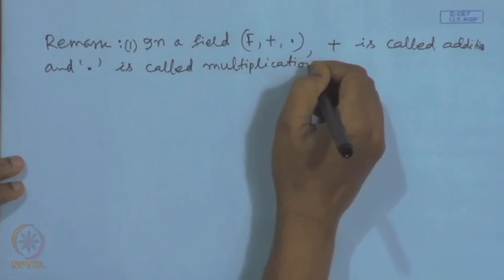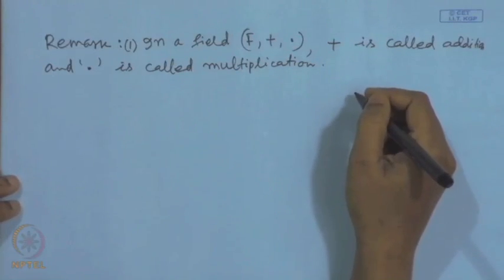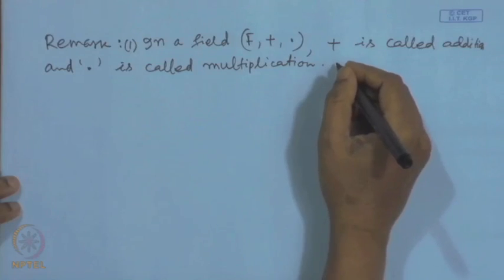Of course, they are not necessarily the addition and multiplication operation on the set of real numbers. These plus and dot symbols just represent two binary operations, and their names have been given as addition and multiplication. They need not be usual addition and multiplication operations on set of real numbers. They may be any binary operation. So, that we will see example later.